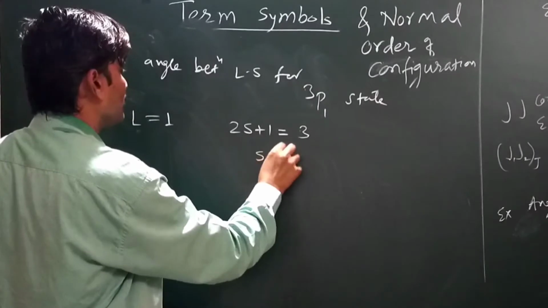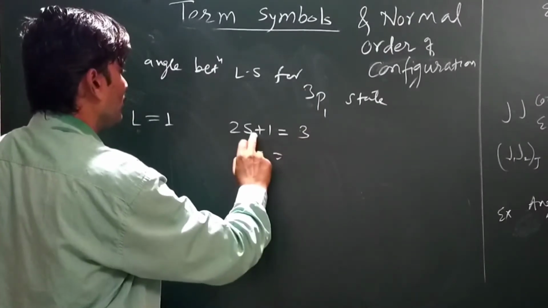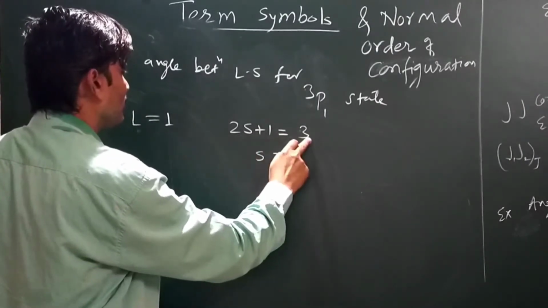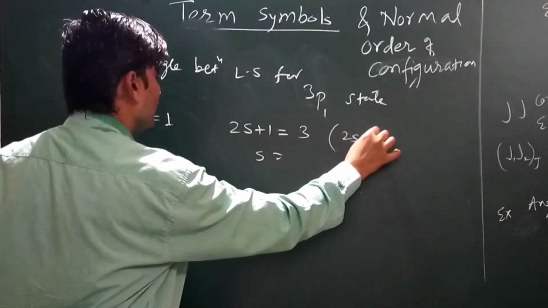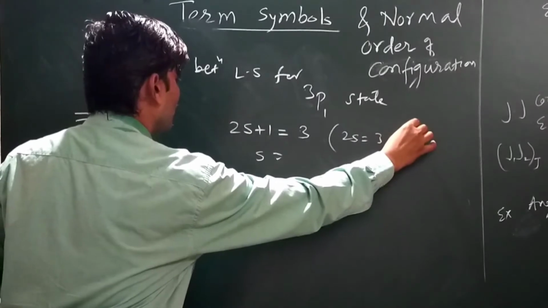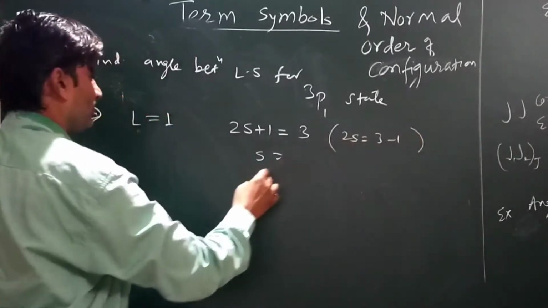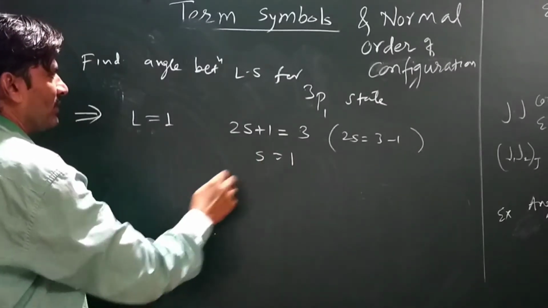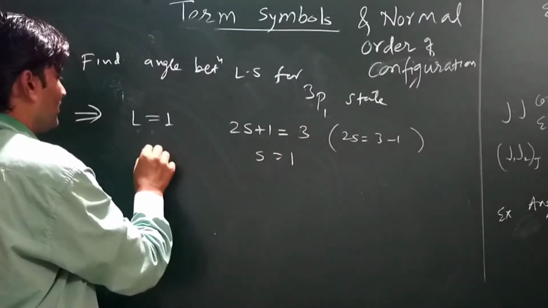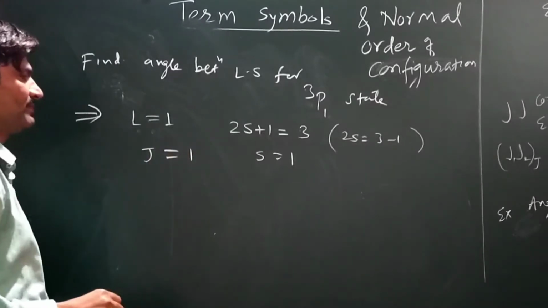So 2S equals 3 minus 1, that is 2, and we get S equal to 1. So L equals 1, S equals 1, and the value of J is 1.